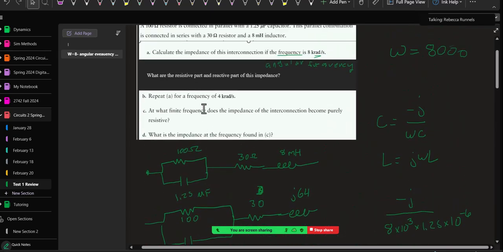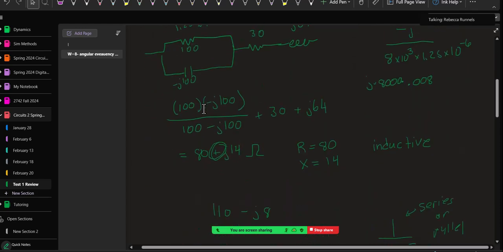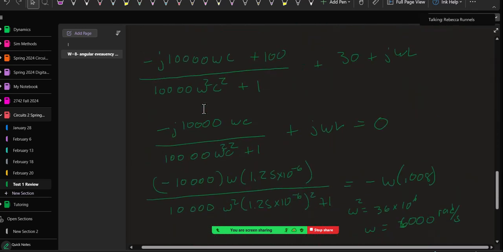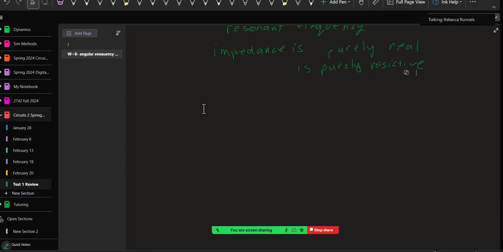Okay, and then what is the impedance at the frequency found in C? It would be nice if we could just say that, like if I had series, then my impedance at the resonant frequency would just be the resistor.